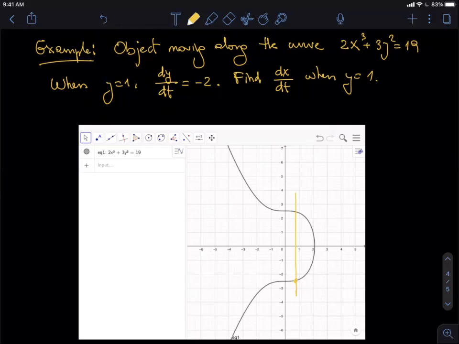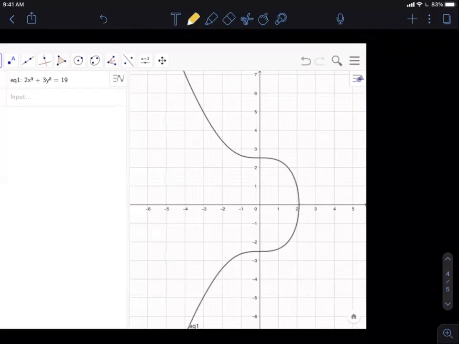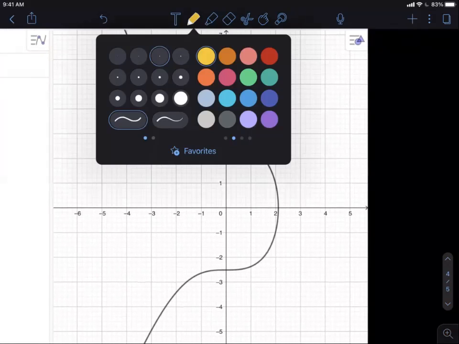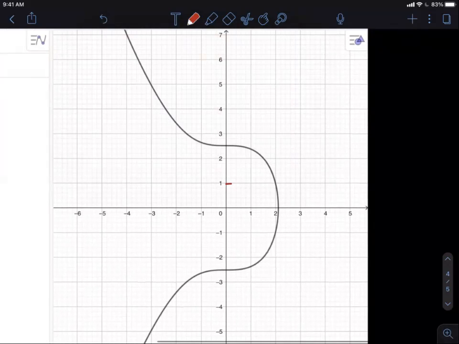But that's the reason why we are given a curve in implicit form. All right, so it's saying when y equals 1, so y equals 1 would be this point here, right?